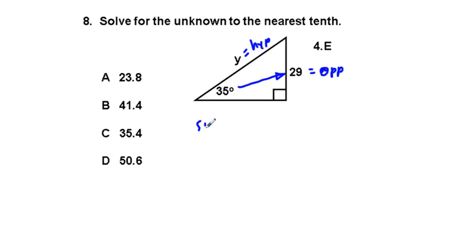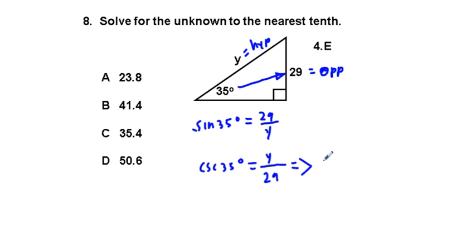We can take sine of 35 degrees equal to our opposite, which is 29, over our hypotenuse, which is y, and solve for y, or we can use cosecant of 35 degrees, which is the reciprocal of sine, which is our hypotenuse, y, over our opposite, which is 29. And so, cross multiplying, y is going to be equal to 29 times the cosecant of 35 degrees.